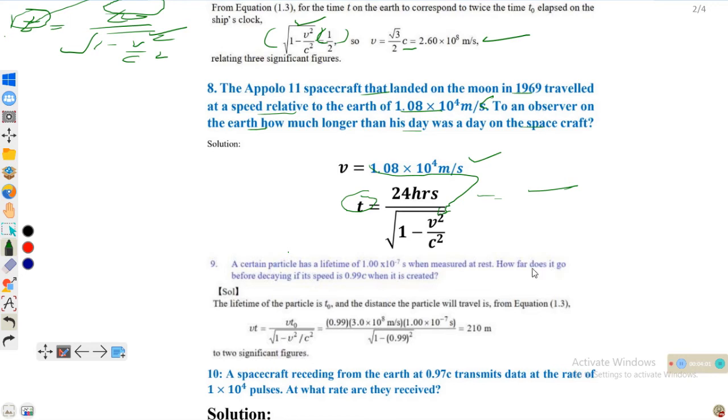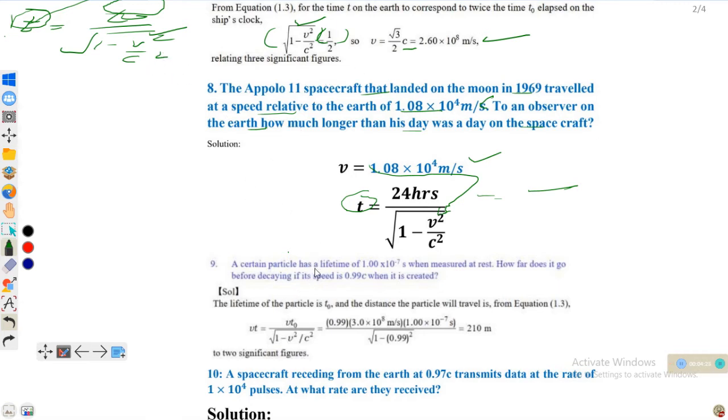How far does it go before decaying if its speed is 0.99 c when it is created? So the lifetime of the particle is t naught when it was at rest, and the distance the particle will travel is found by relating both expressions for time and multiplying with v. This will give us the distance.